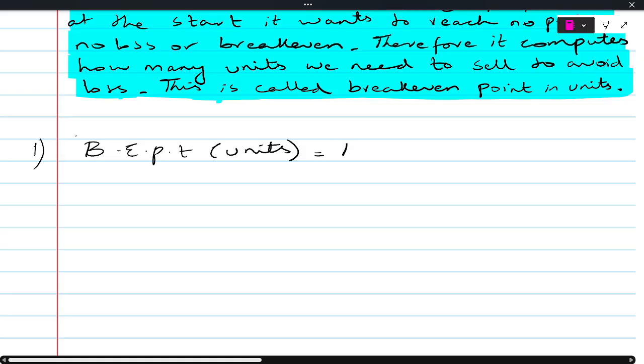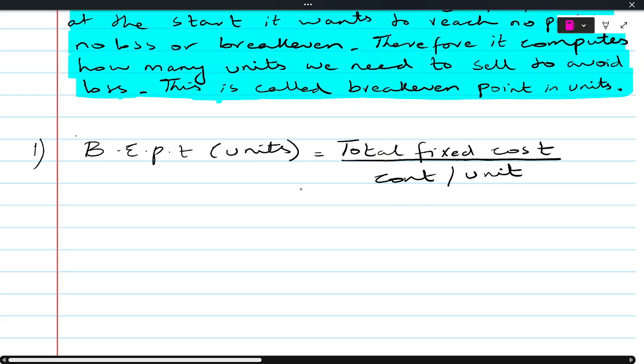So remember that you always take your total fixed cost from the question, and you are going to divide it by contribution per unit in order to get the break even units, which is the point at which the company incurs no profit, no loss. So total fixed cost divided by contribution per unit, right?